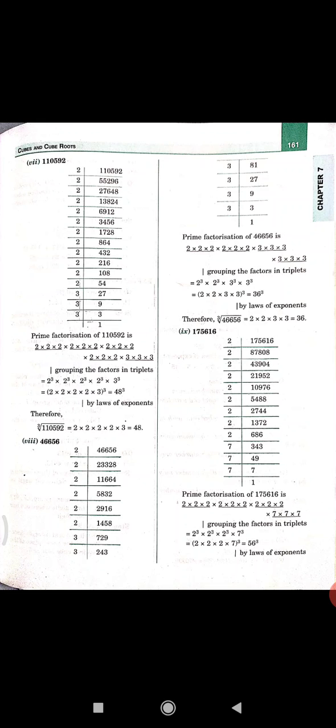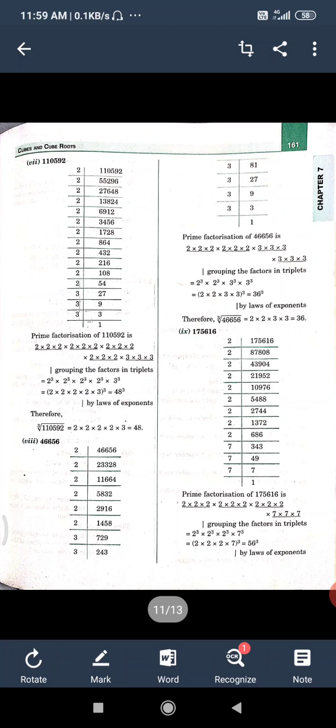Now making the triplets of the prime factorization: first 2 cubed, next 2 three times, 2 cubed, 3 three times, 3 cubed, and the last 3 three times, 3 cubed. So 2 multiply 2 multiply 3 multiply 3. 2 twos are 4, 4 threes are 12, 12 threes are 36. So the cube root of 46656 equals 36.